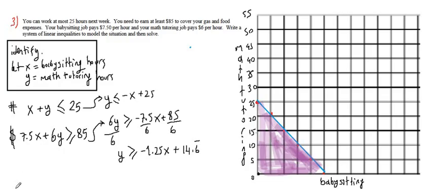So my y-intercept here is 14.6, which is almost 14 and a half, not 15, somewhere here. And our slope is negative 1.25.